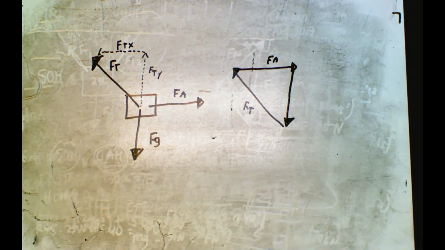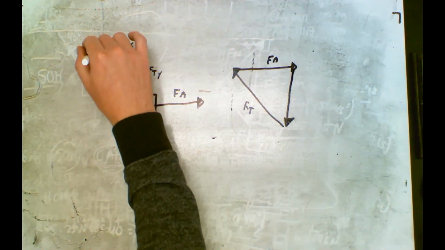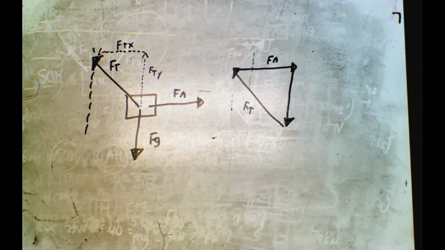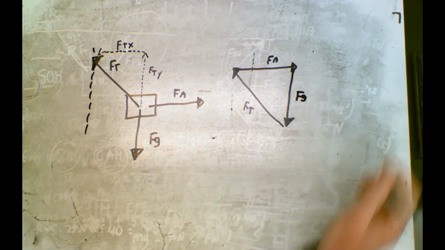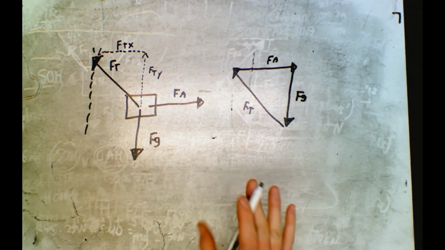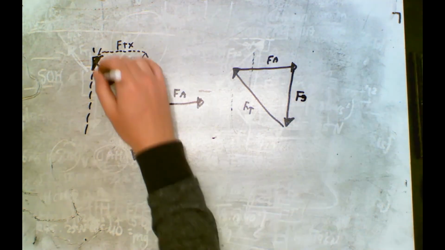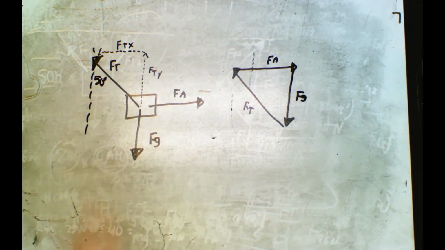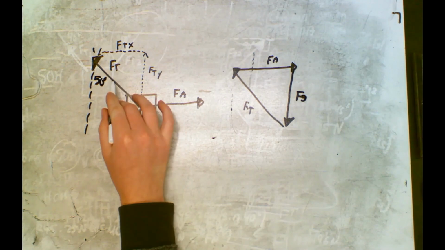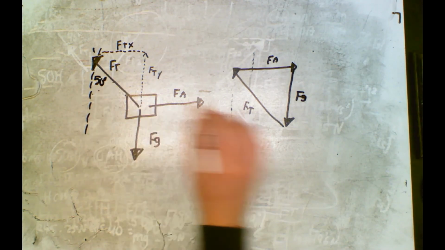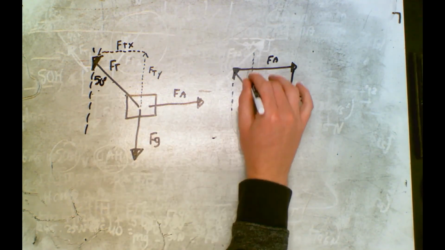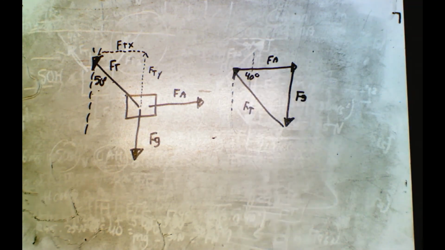Right? So the reason that I want to do it, or actually that's not how I want to do it. So this is force of gravity. It's fine to do it that way, but we know that this is 50 degrees from the picture. From the force of tension to the wall, it's 50 degrees. So what we'd have to know is that that is 40 degrees, and that's fine to do.